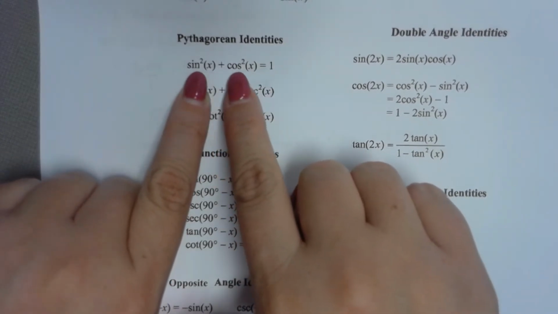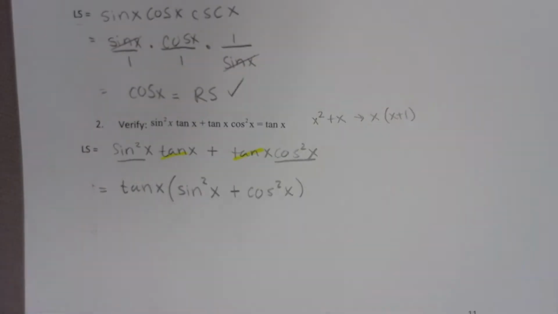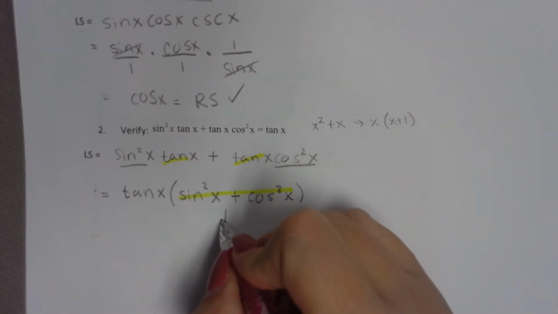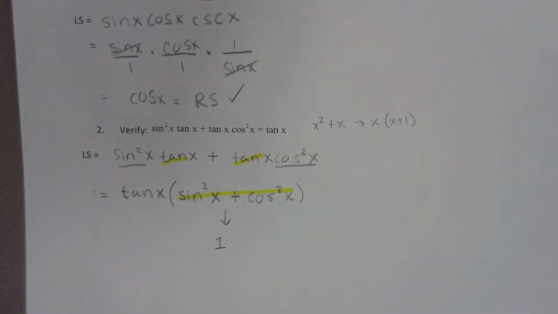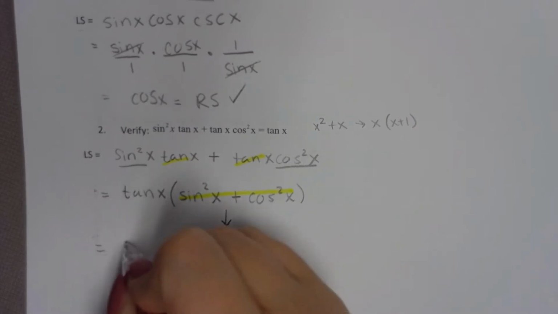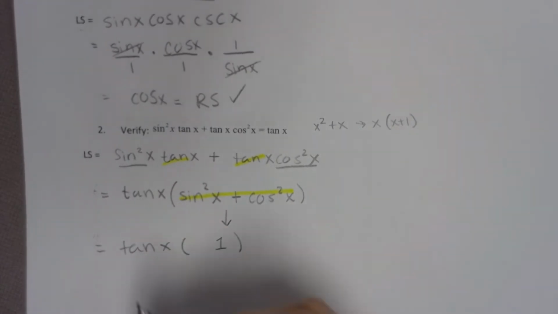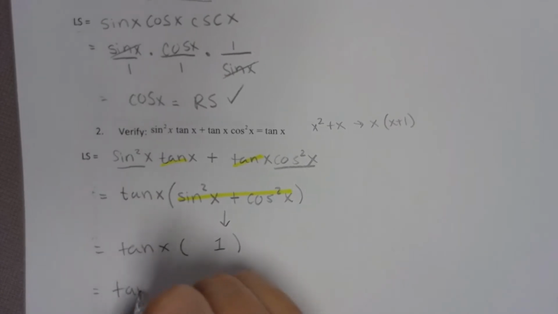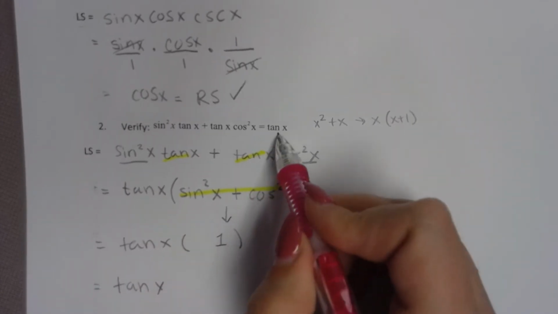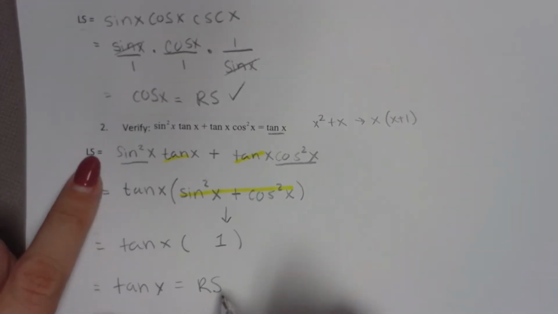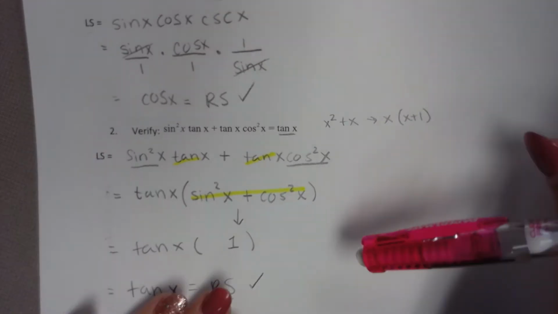So if I know sine squared plus cosine squared equals 1, then that means I can change this entire statement to just be 1. So that gives me tangent of x times 1. Well, tangent of x times 1 is just tangent of x. Well, now that's my right side. So now the left side equals the right side, and I'm complete.